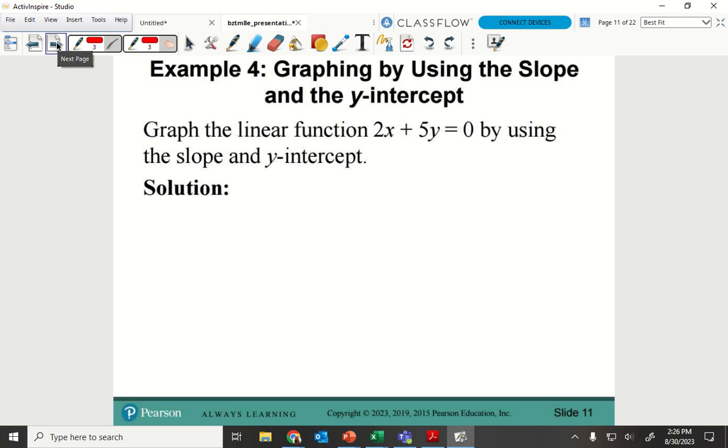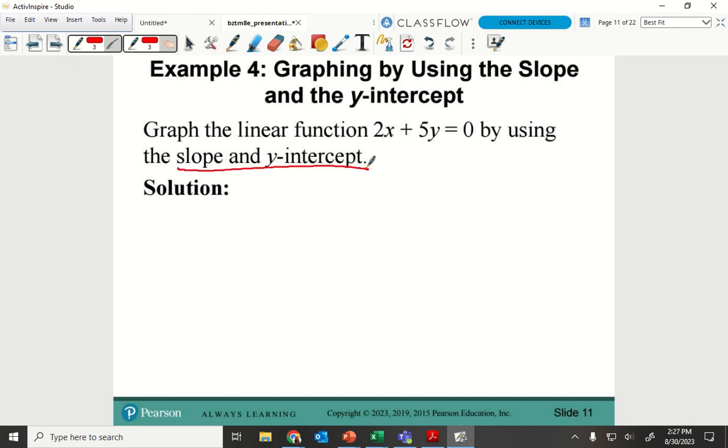So, graph the linear function 2x plus 5y equals 0 by using the slope and the y-intercept. Now, these ones, you can get away with just using 0, 0 for my x and y-intercept, but it's asking for slope and y-intercept. That's important.